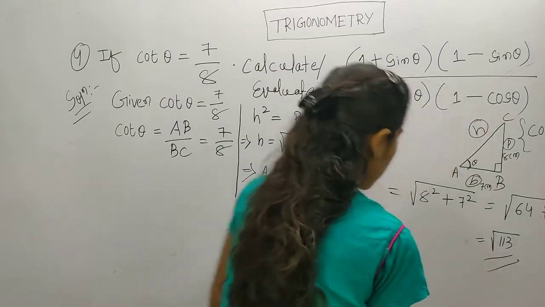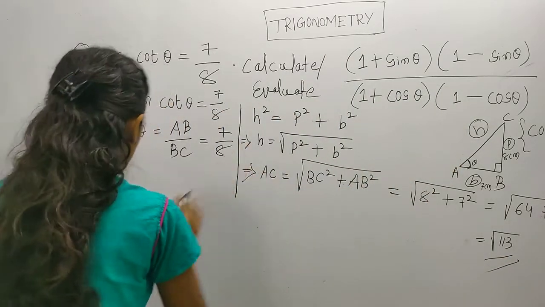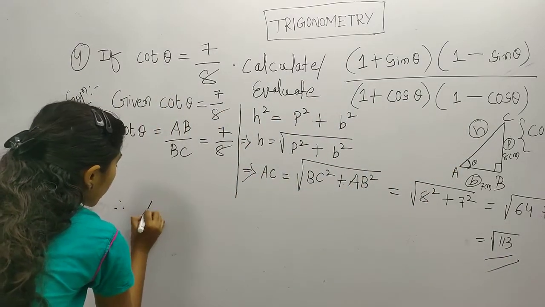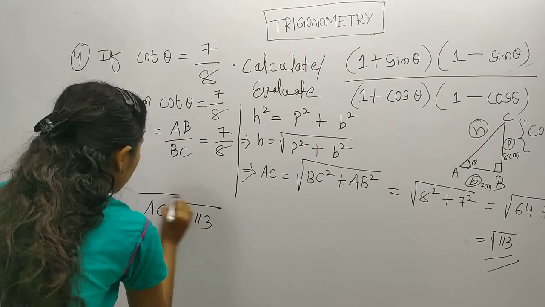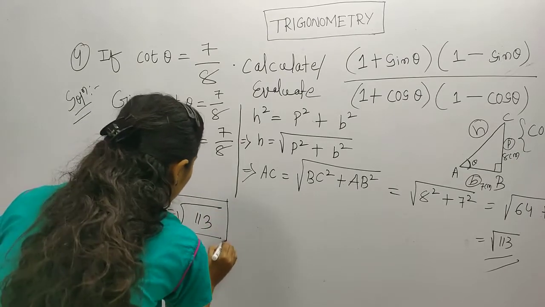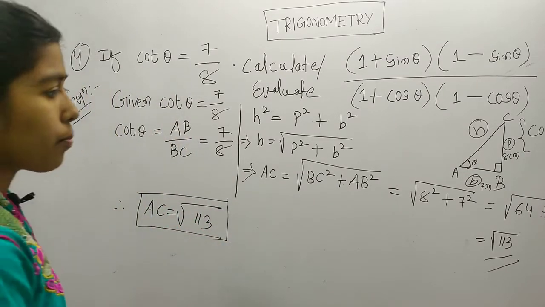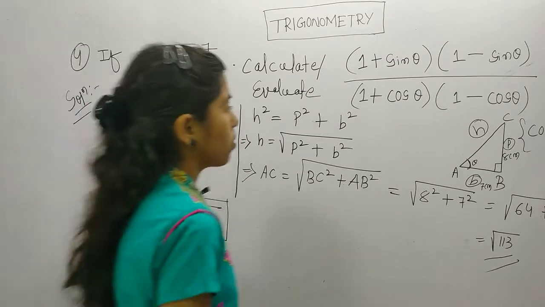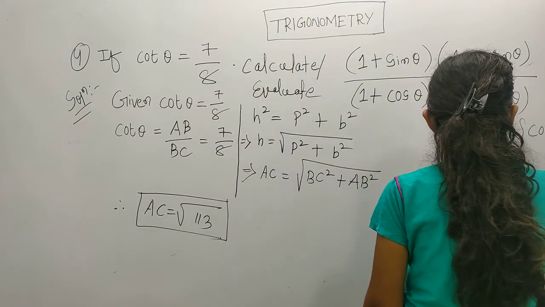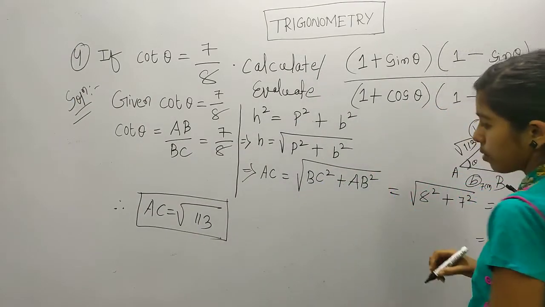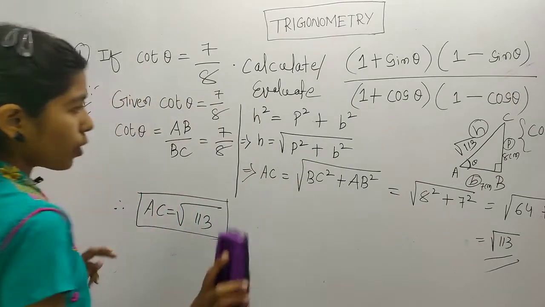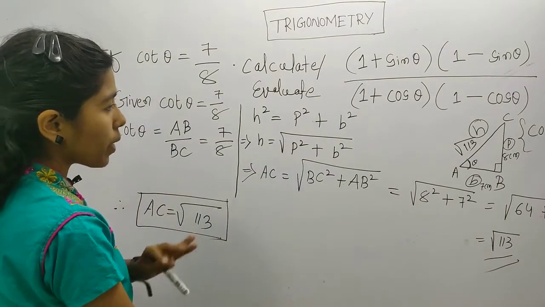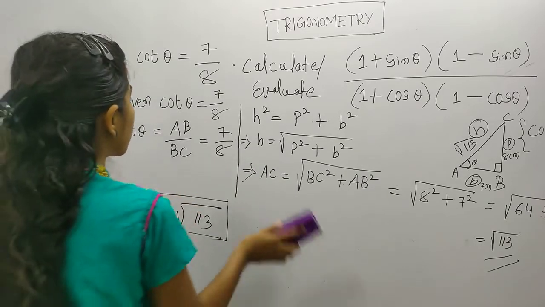No worry about that. So here what we got? AC. Therefore AC equals root 113. Yes. Okay. Now here we will write root 113. Next, over the triangle we got perpendicular, hypotenuse and base.